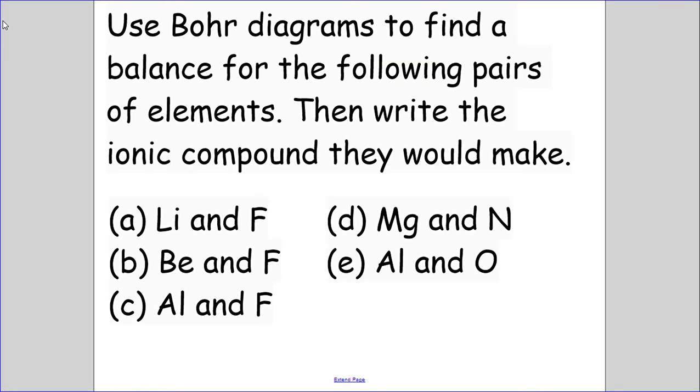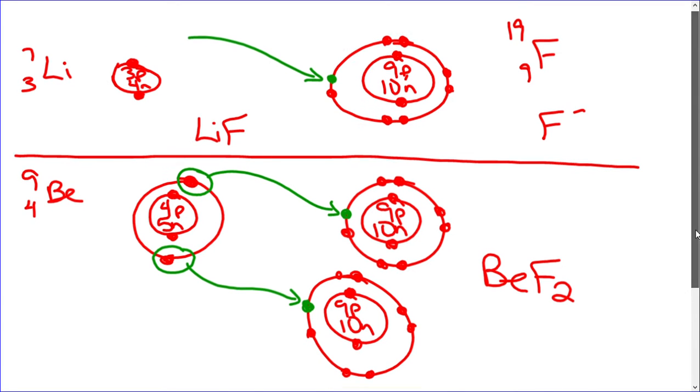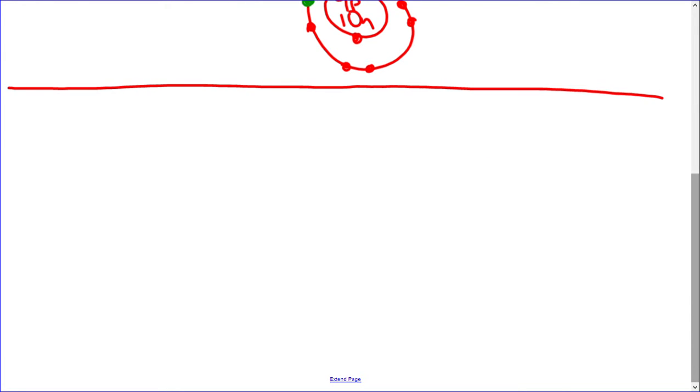C asks for aluminum and fluorine. So we'll go back in and take a look here for aluminum and fluorine. Just kind of go down our list. So aluminum, in this case, has 27 for its atomic mass and 13 in its atomic number.